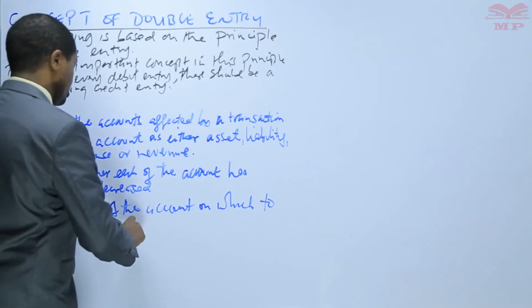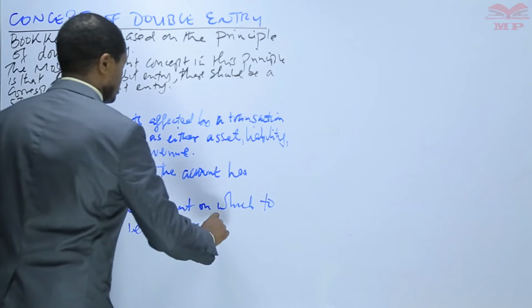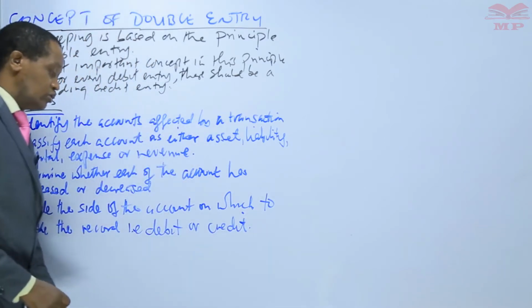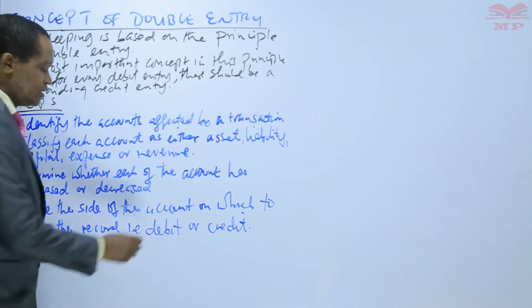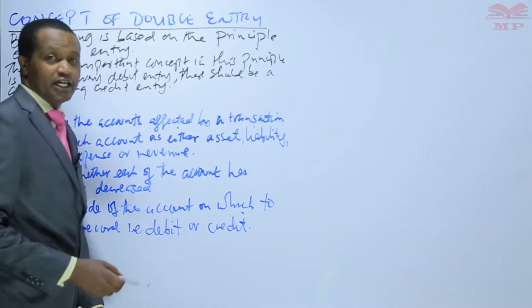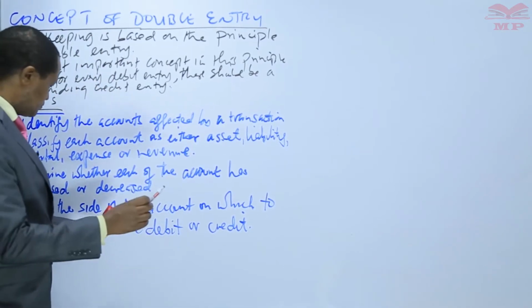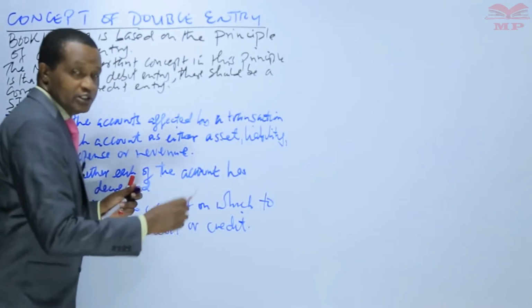That is, you will either debit or credit. And learners, now you see why we learned the rules in our last lesson, so that you can tell when there is an increase in an asset, do you debit or credit?